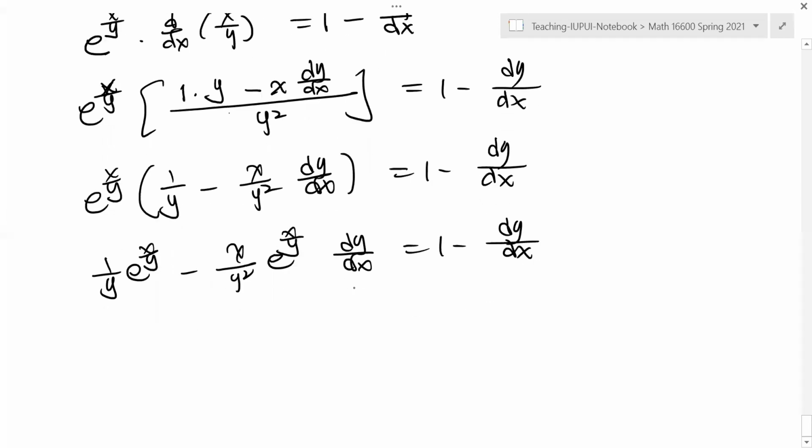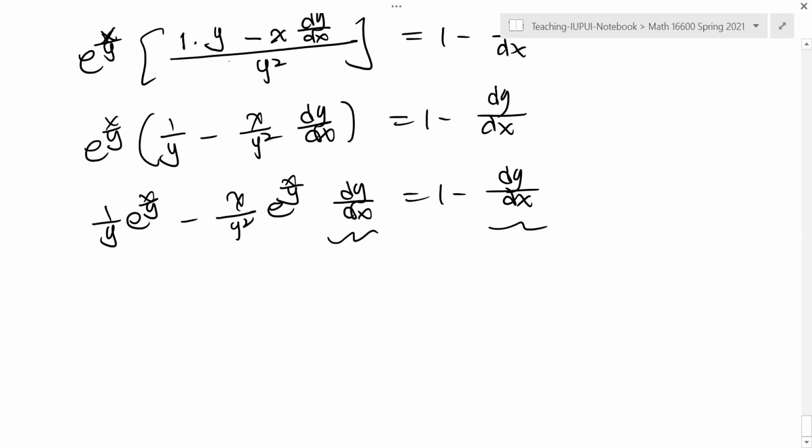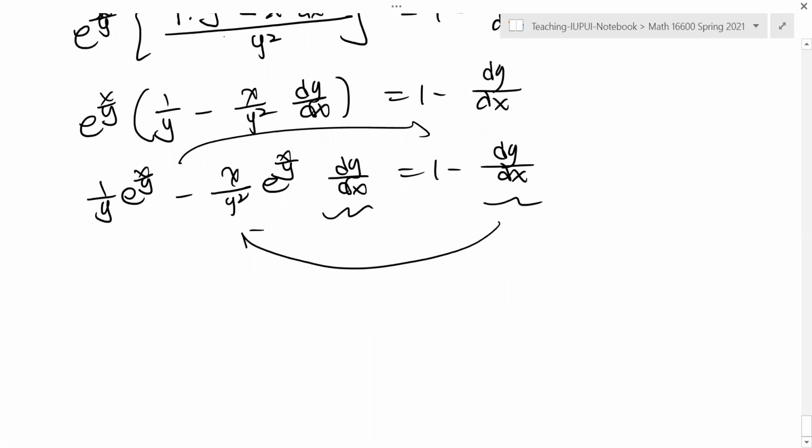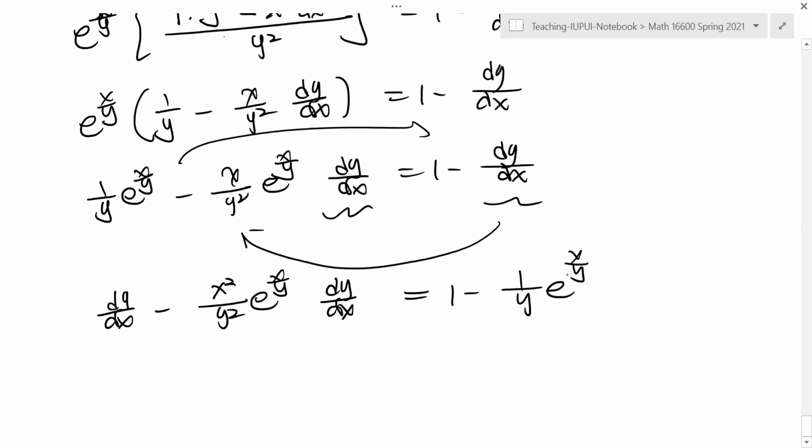This term contains dy/dx, so I'm going to move this term to the right-hand side and the other term to the left. You should be extremely careful when you do this, so you don't miss any terms. So this will be dy/dx minus x over y squared e to the x over y times dy/dx. The right-hand side is 1 minus 1 over y times e to the x over y.